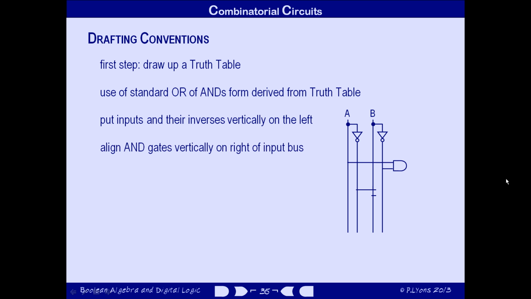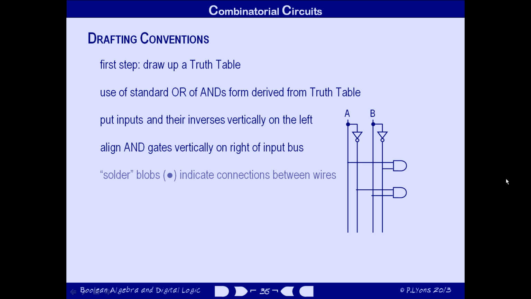Now we can put our other gates anywhere to the right of this input bus and pick out any input or its inverses simply by drawing a horizontal wire across the diagram between the appropriate input and the gate that uses it. The top gate here picks up A and not B. The bottom gate picks up not A and B. However, there's now a problem that the wires cross other wires, and we want it to be clear when there's an actual electrical connection between the wires and where they cross each other on the diagram without making any electrical contact.